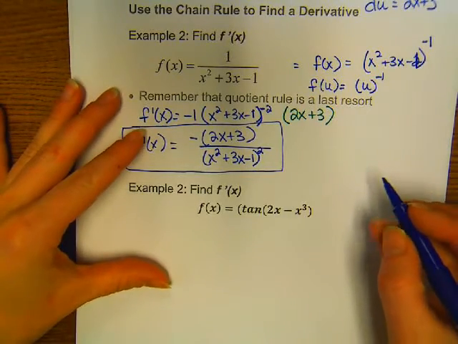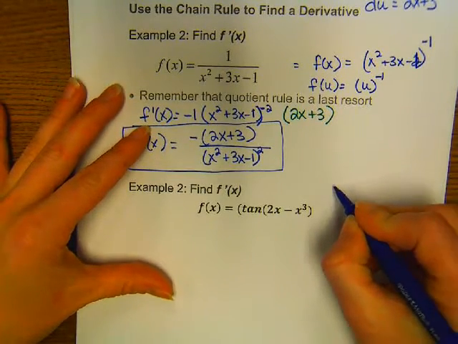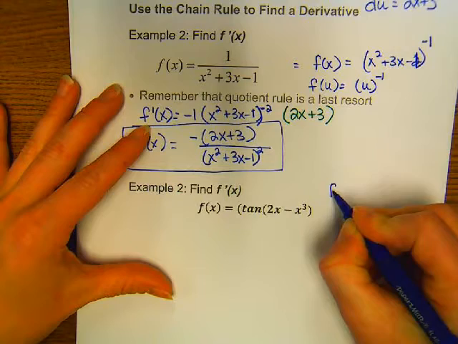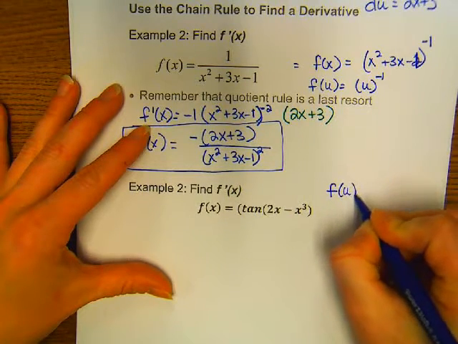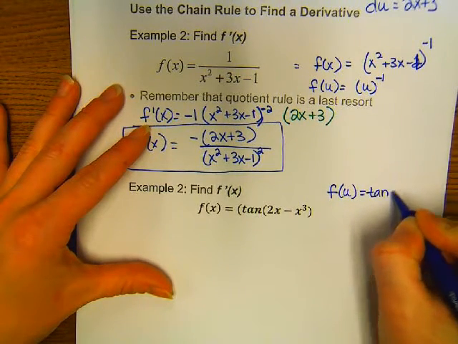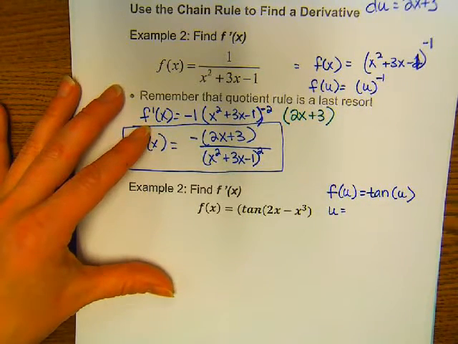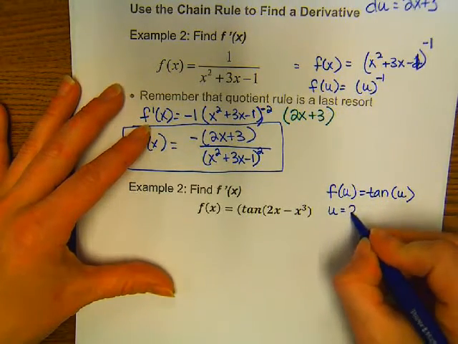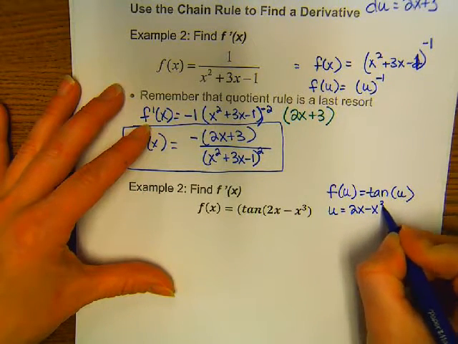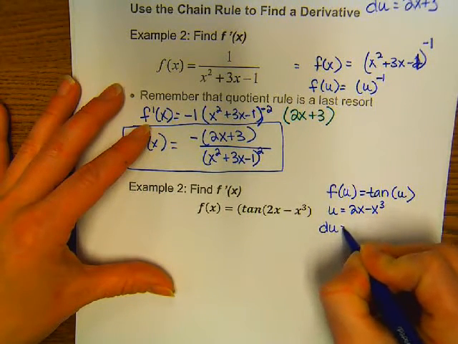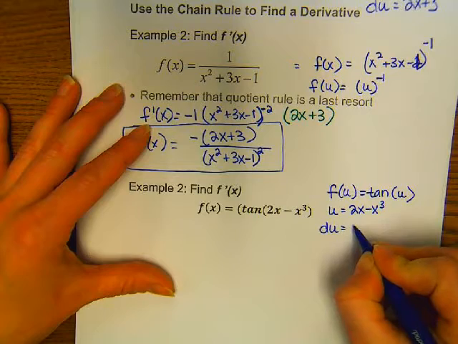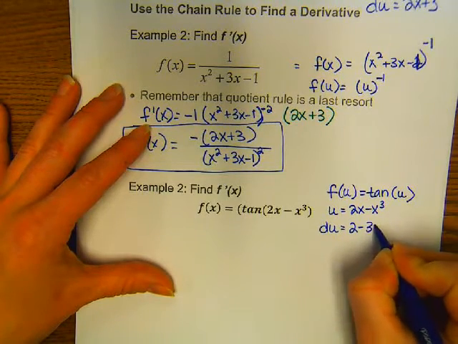So if I'm looking at this function, I'm going to rewrite it as f of u. The outer function is the tangent of u. What's u then? 2x minus x cubed, and then what's du? Okay.